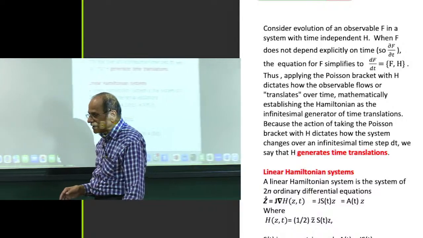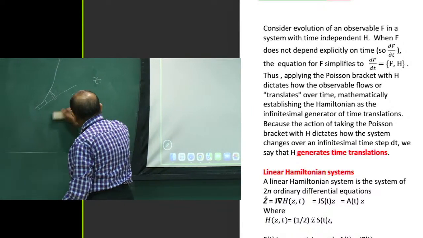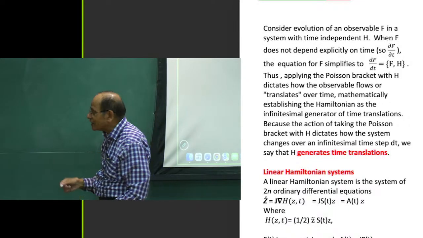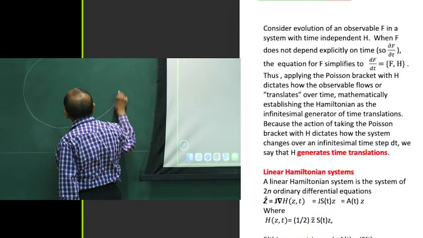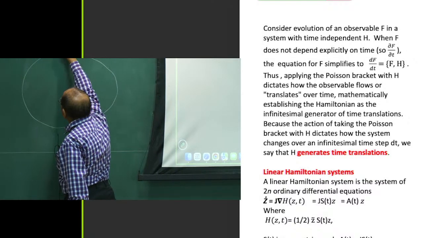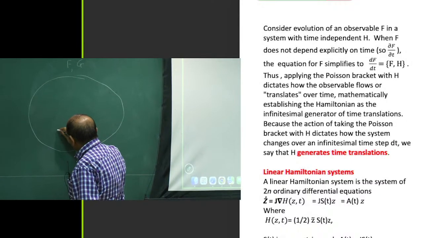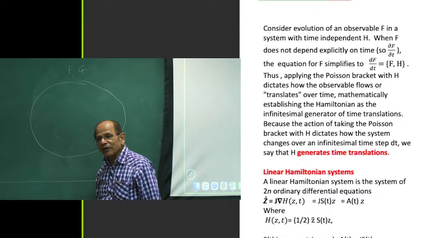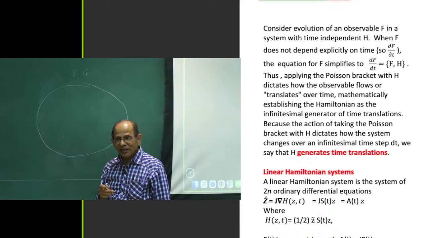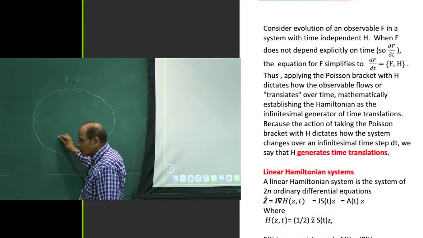Now, in the last few minutes, let me talk about what the Poisson bracket measures. Suppose this is the phase space, and I consider the functions f and g. I start with some initial point. First, I consider f to be the Hamiltonian, and then consider the time evolution.